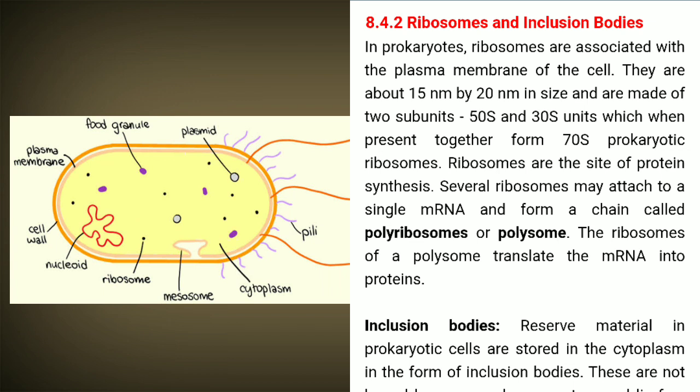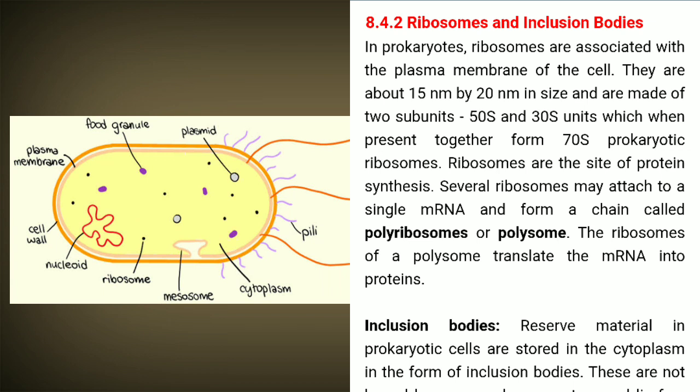They are about 15 nanometer by 20 nanometer in size, and are made up of two subunits called 50S and 30S. The 50S is the larger subunit and the 30S is the smaller subunit. Together, these two subunits make the 70S ribosome in the prokaryotic cell.